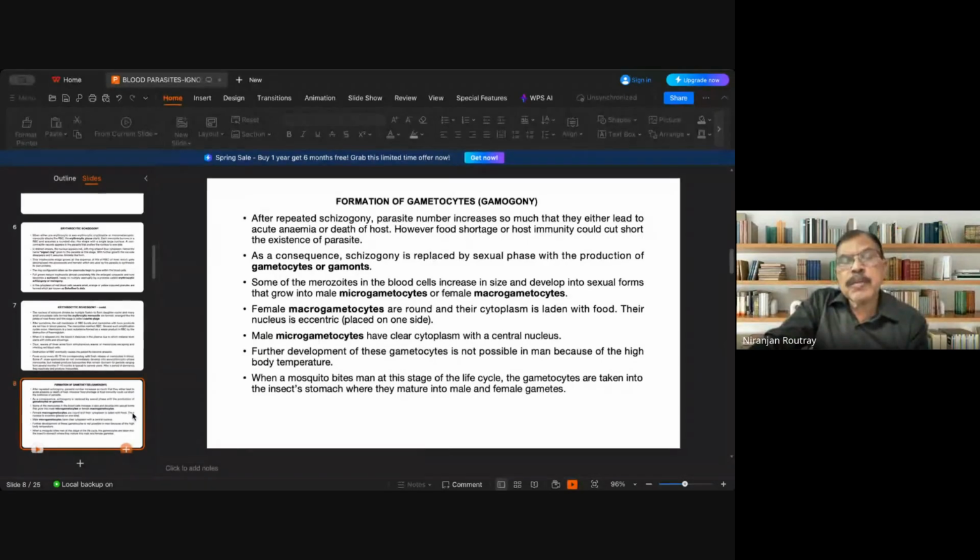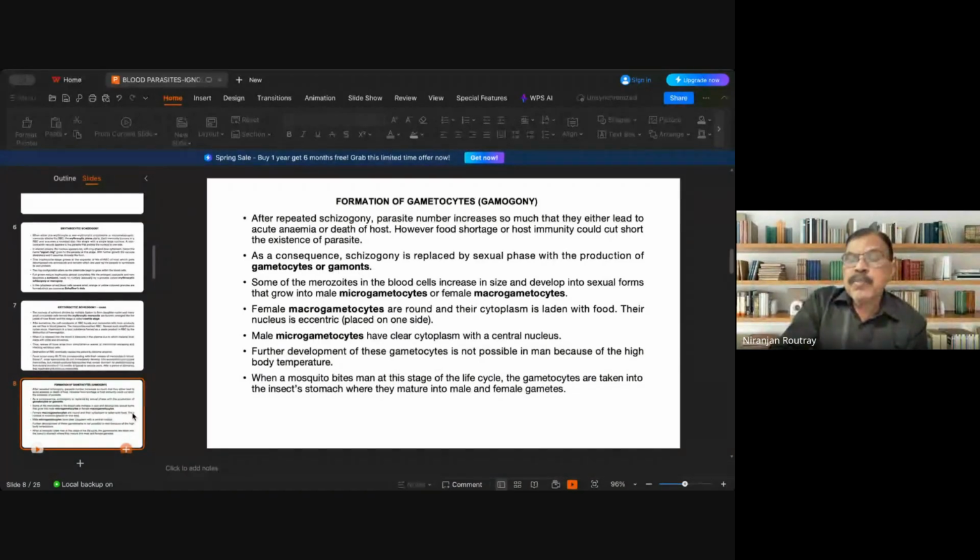They have a lower body temperature, and when the female Anopheles mosquito bites for a blood meal, at this stage of the life cycle the gametocytes are taken into the insect's stomach. The RBCs containing the gametocytes are taken along with the blood into its body.